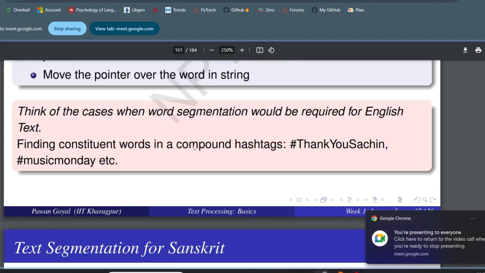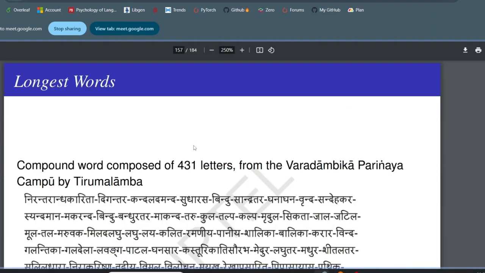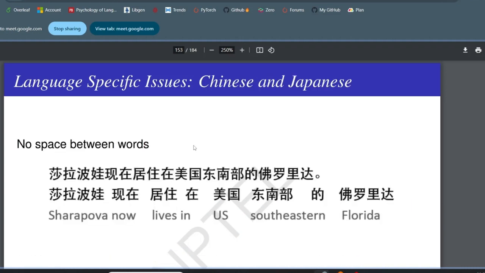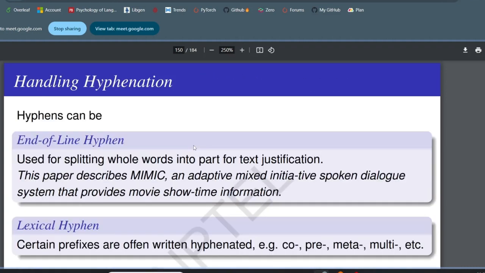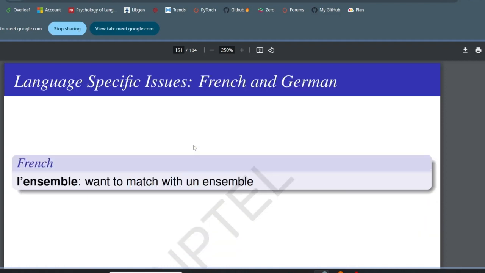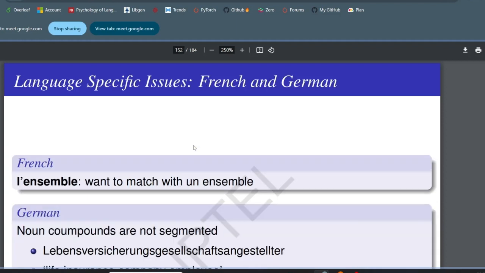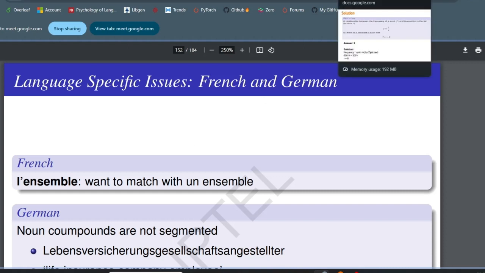Also, the initial few lectures are very foundational. As you can see, as I was going through the slides, different languages are being discussed, not just English. In India also we have so many native languages, over 600, 700 languages in India itself.